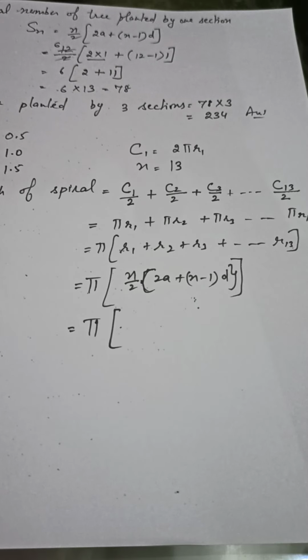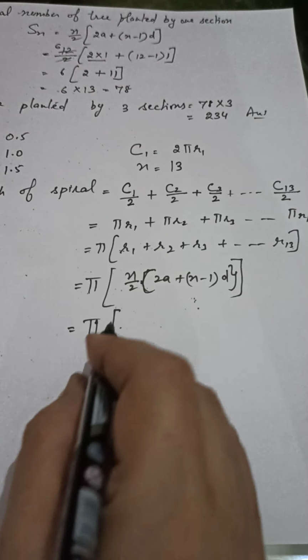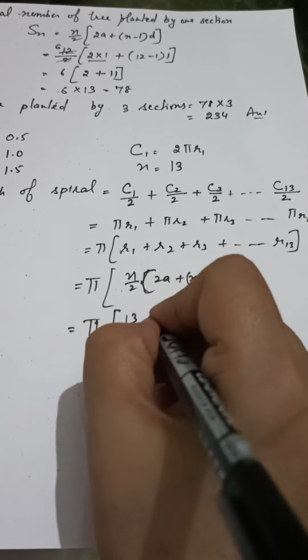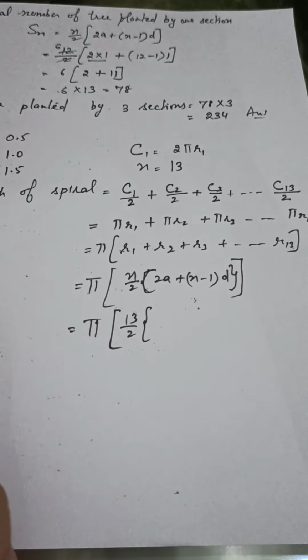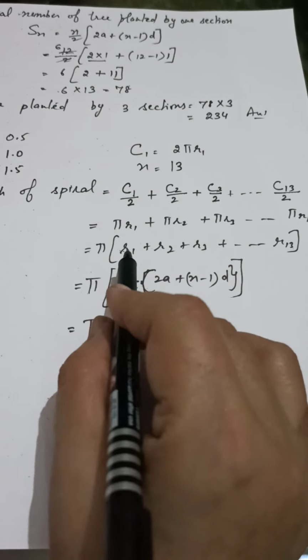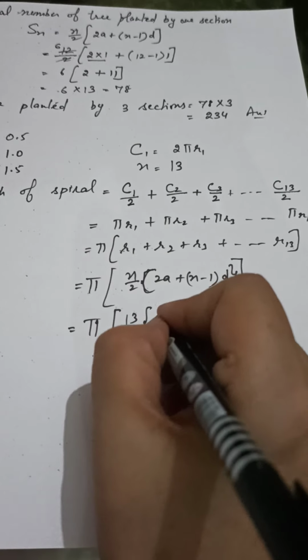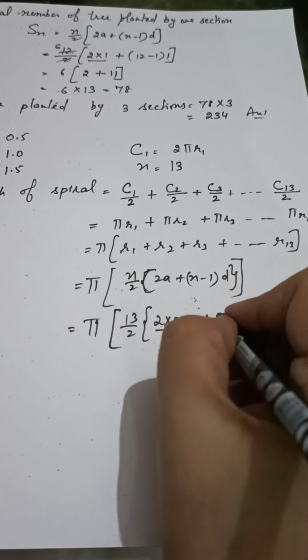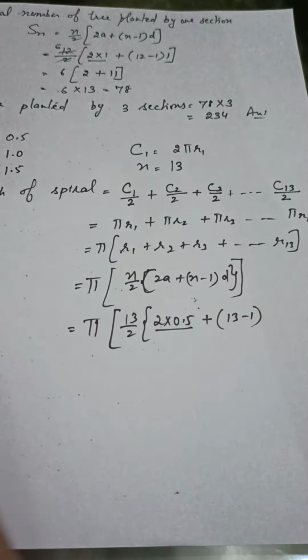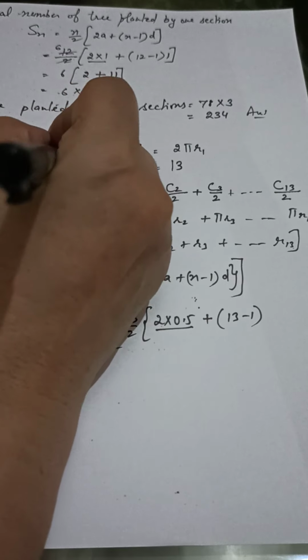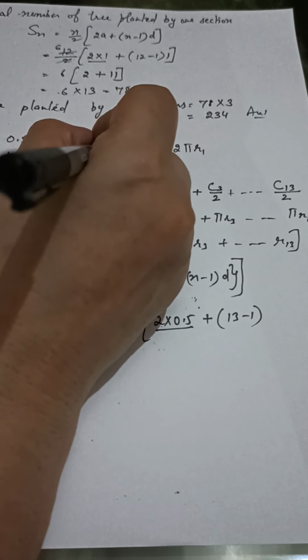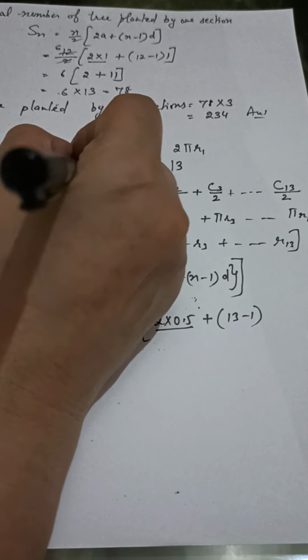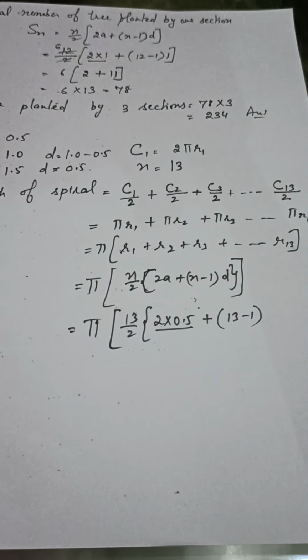So n is 13. 13 upon 2, 2a, a is r1, r1 is 0.5. 2 multiplied by 0.5 plus 13 minus 1, d. What is d here? D is equal to 1.0 minus 0.5. That means d is equal to 0.5.